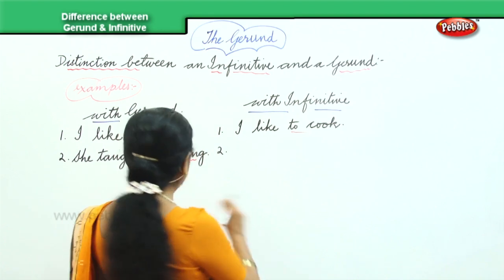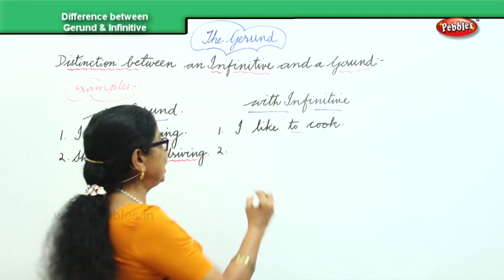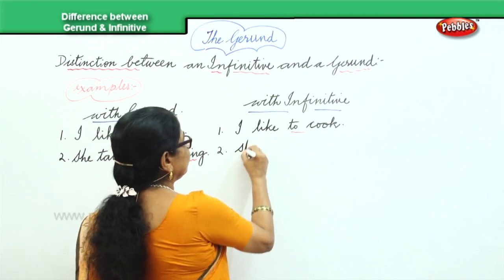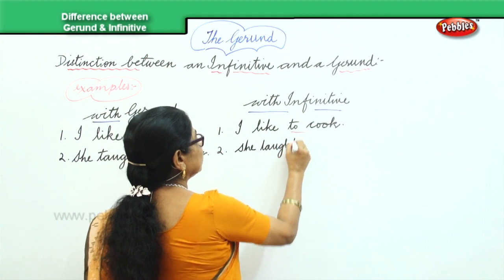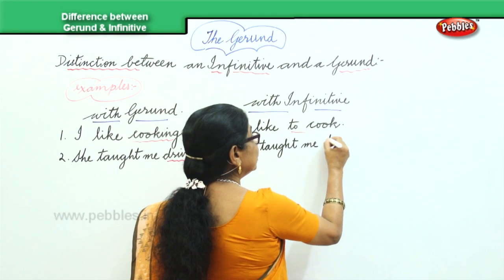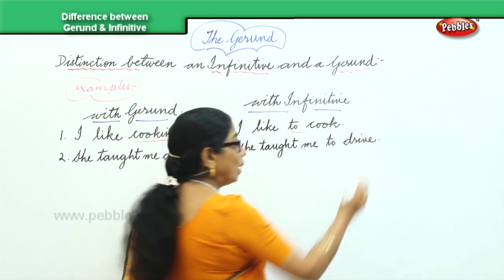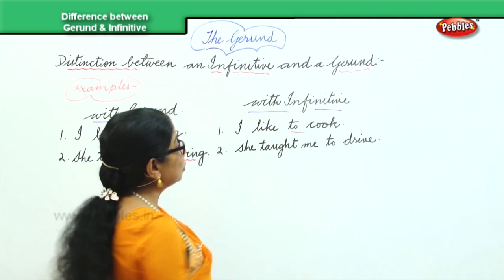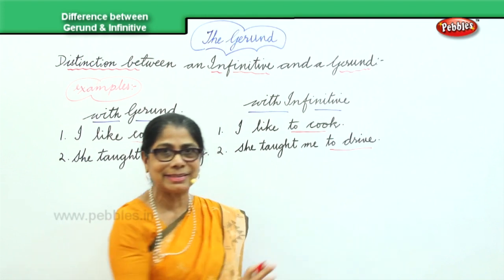So what will that be? She taught me to drive. In the infinitive, you add to the verb. So, to cook, to drive. See the difference.